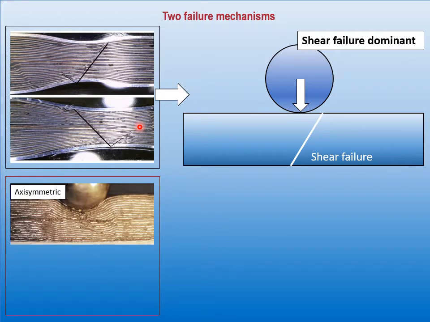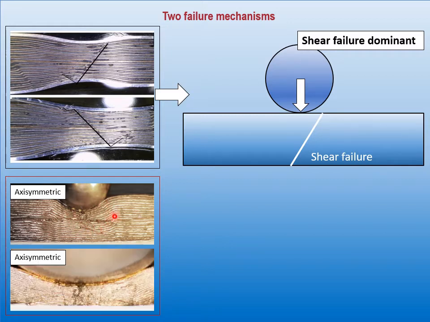For the second, when we look at our axisymmetric condition with a hemispherical punch, this is the one with a rather small radius. You can see here we don't see that shear fracture, but rather a lot of micro cracks that you don't see very clearly at the moment, but I will show you with clearer figures later. Here you can see a very much degraded material region with several micro cracks.